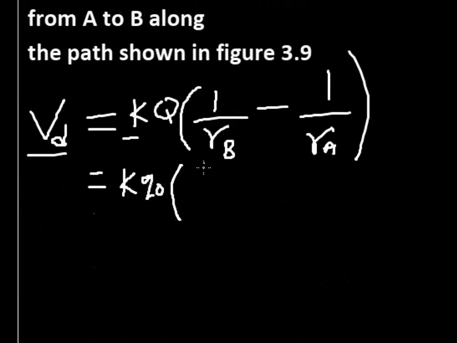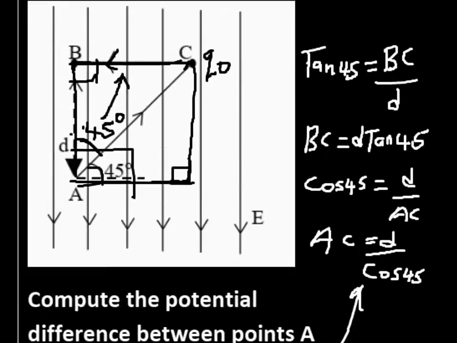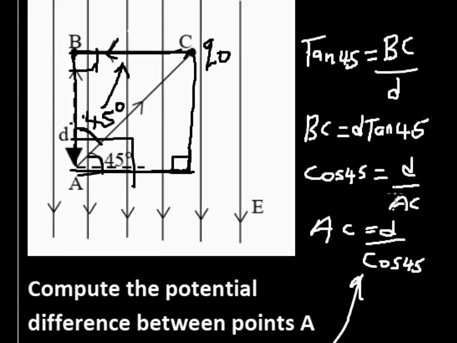Then open bracket 1 all over RB. Don't forget, my RB is the BC, the distance from B to C, and we found that gives us D tan 45.